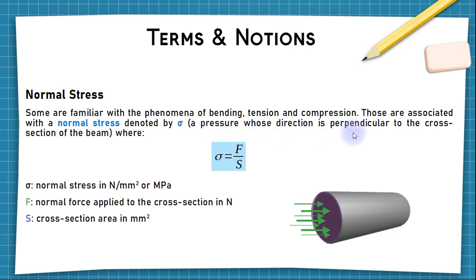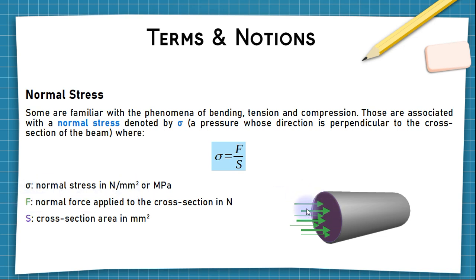whose direction is perpendicular to the cross-section of the beam, where sigma is equal to F over S, where sigma is the normal stress in newton per millimeter squared or megapascal. These are the same unit.